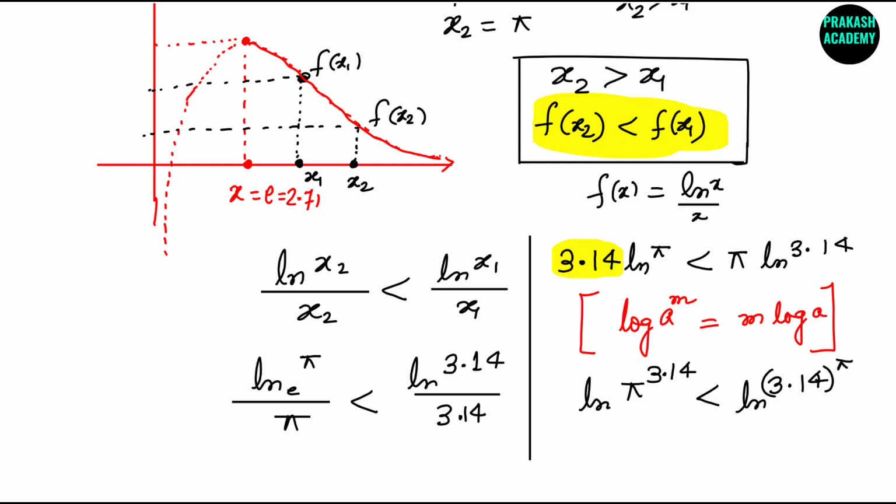Now the log function is an increasing function. So here I have a log function. Log function is an increasing function. This means if x1 is greater than x2, then f x1 will also be greater than f x2. In other words, if f x1 is less than f x2, then x1 will be less than x2. So if I use that property, I can say pi raised to the power 3.14 is less than 3.14 raised to the power pi.